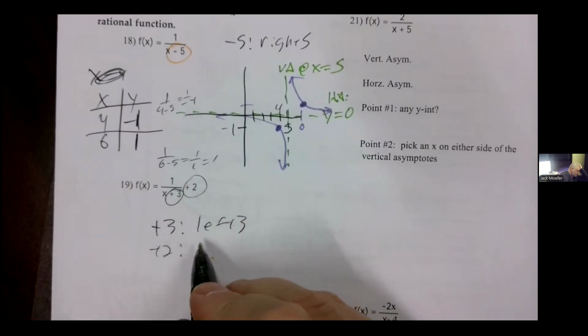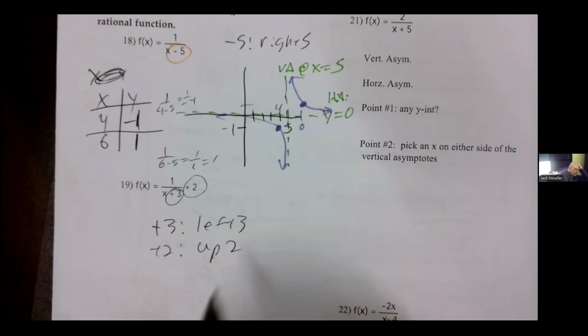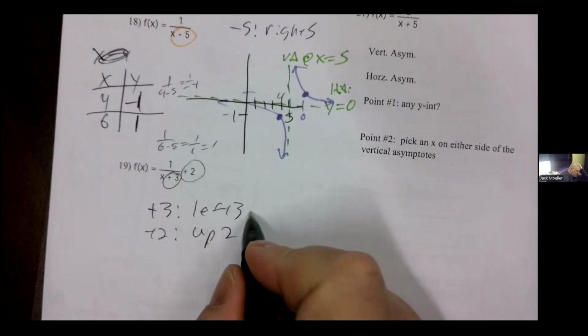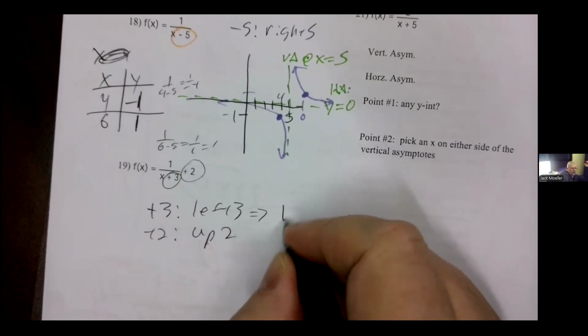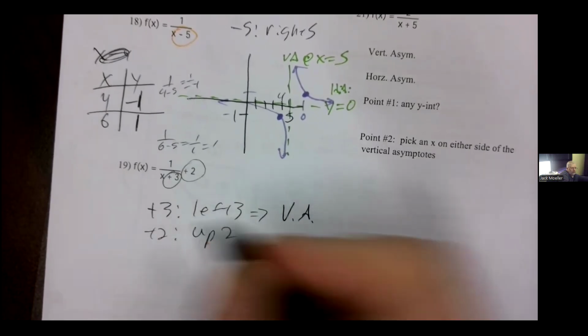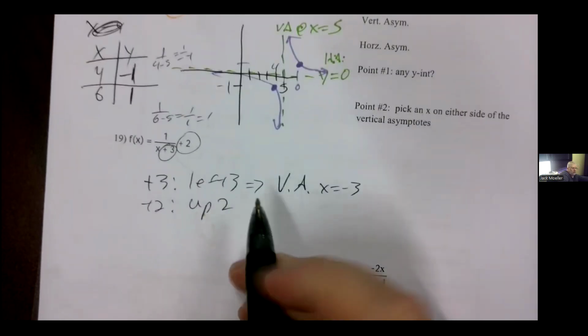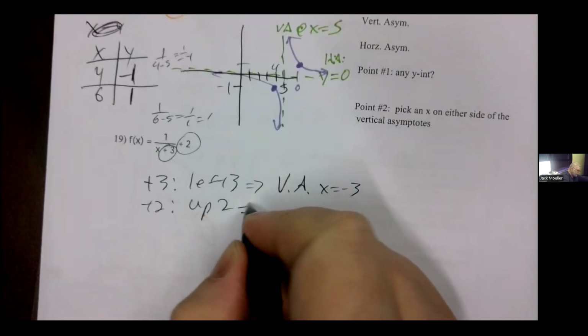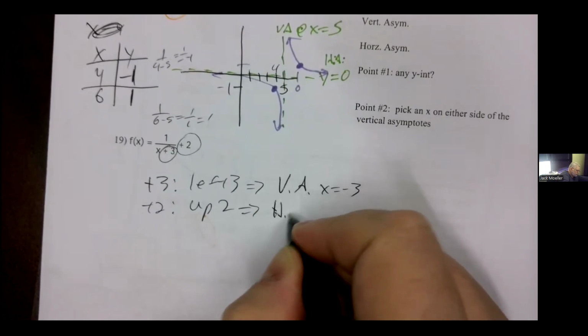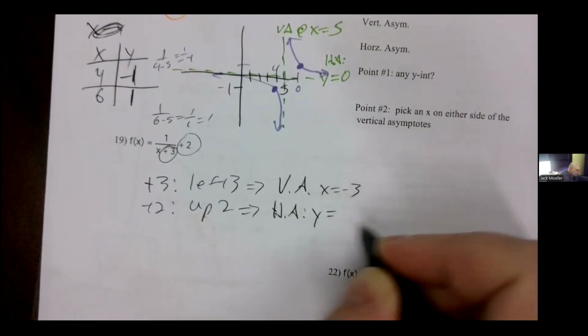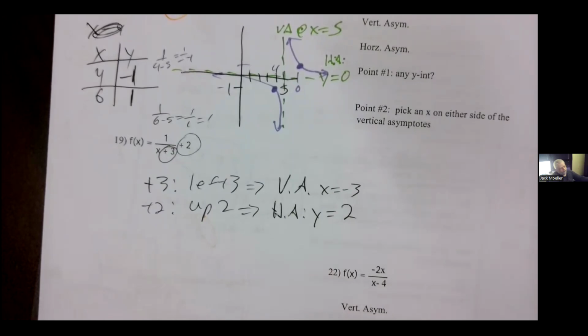Well, up or down, so that's vertically up 2. So what's that going to do? That is going to tell us that the vertical asymptote moved left 3, so it's going to be x equals -3. If we move up 2, that's going to impact the horizontal asymptote. It started at 0, it's now up to 2.